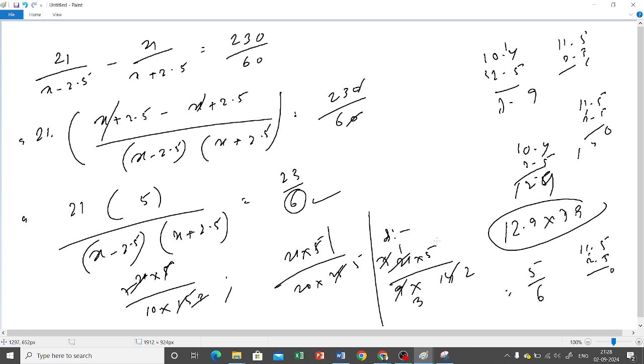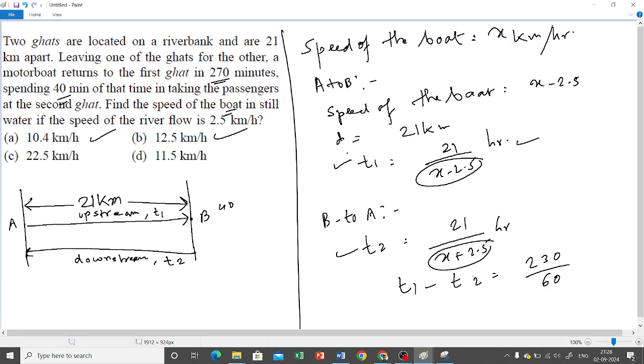5 by 6. I'm missing 20. Something wrong over here. I might have missed out something, the 21 kilometers.